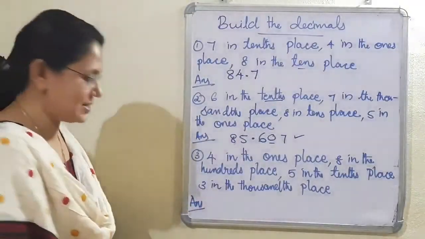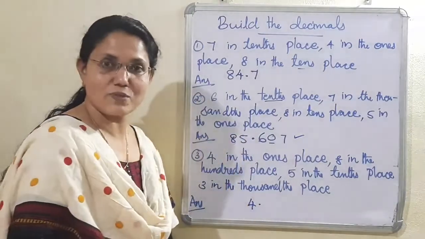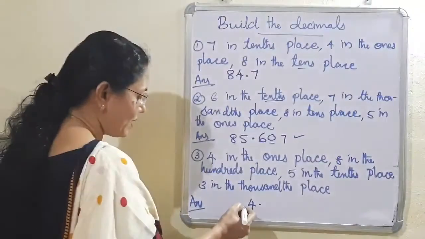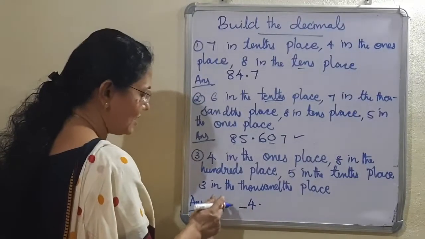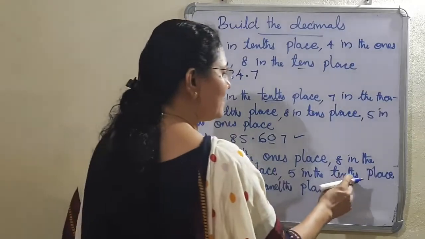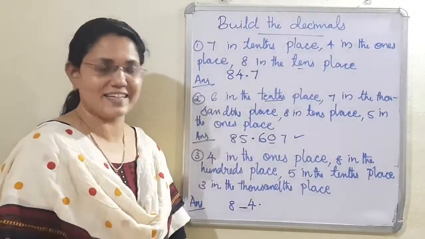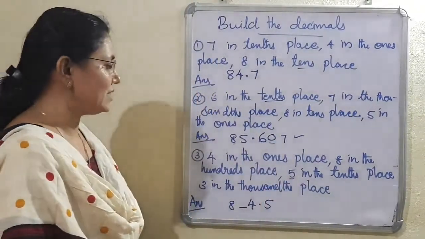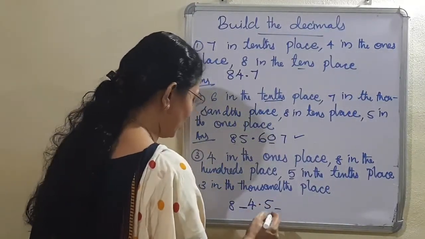Now we can do the last question. 4 in the ones place. Just before the decimal point, the first digit, that is ones place, the digit is 4. Next, 8 in the hundreds place. Tens place, we can check whether it is given or not. After that, hundreds place, what is the digit? 8. Next, 5 in the tenths place. Just after the decimal point, the first place is tenths. What is the digit? 5. Next, 3 in the thousandths place. Thousandths is given, means hundredths is not given.